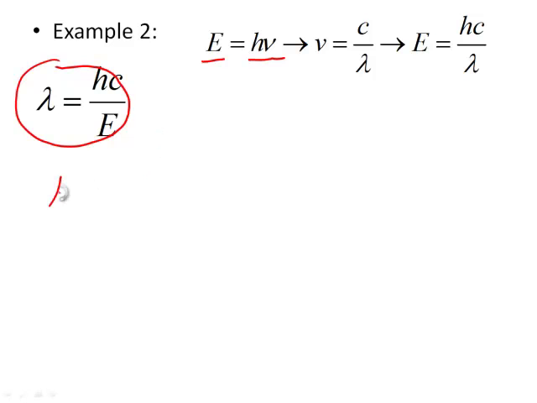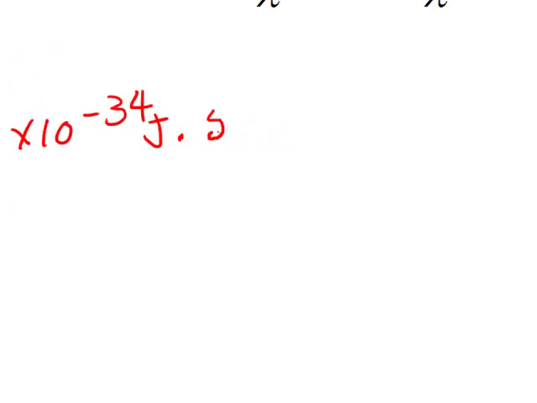All right, so wavelength is equal to my Planck's constant, which is 6.626 times 10 to the negative 34th joules times seconds.